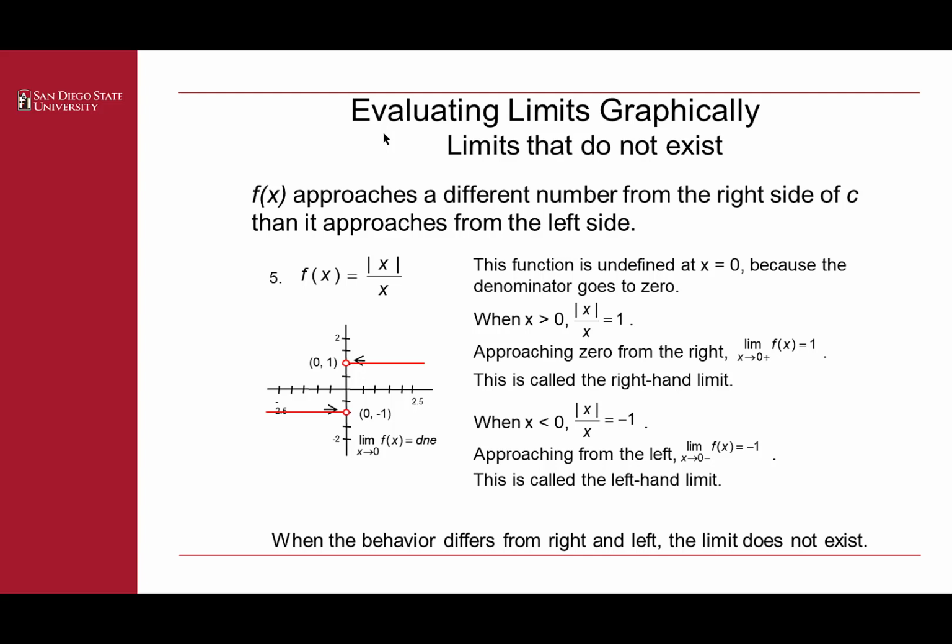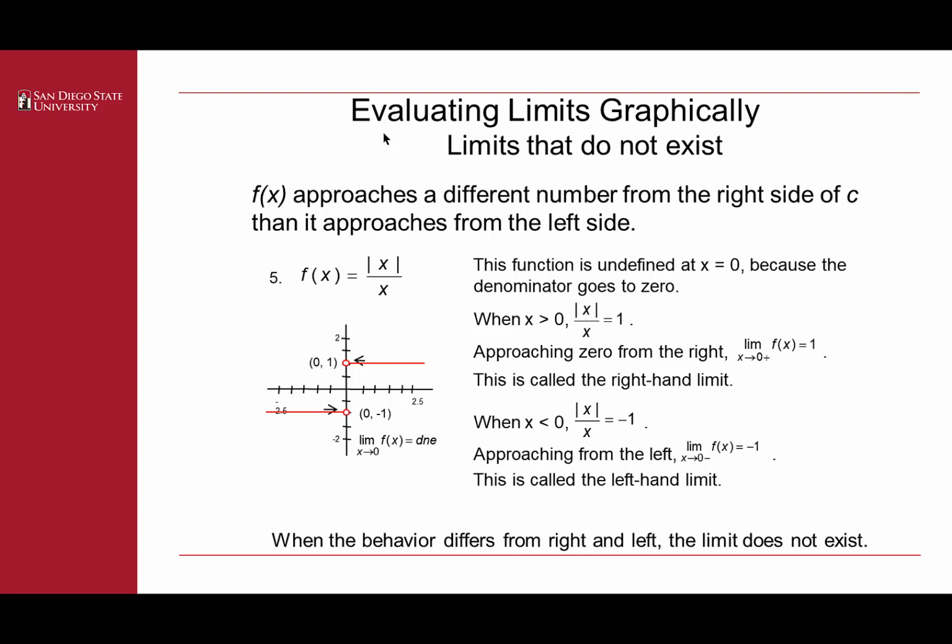And this translates as approaching 0 from the right side, where the function is defined as absolute value of x over x, then the limit would be 1 from the right side. And this is called the right-hand limit.